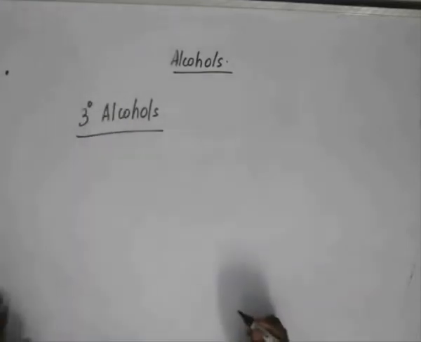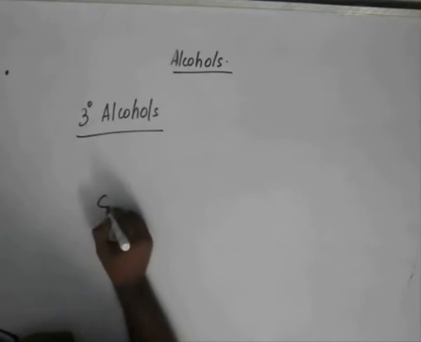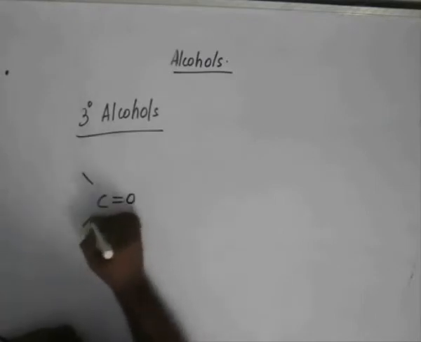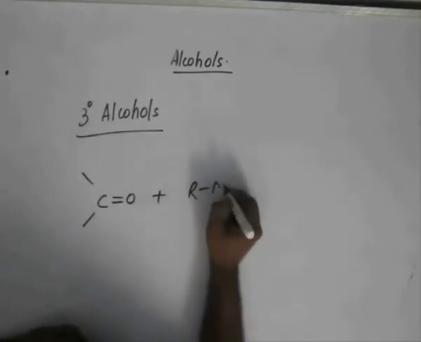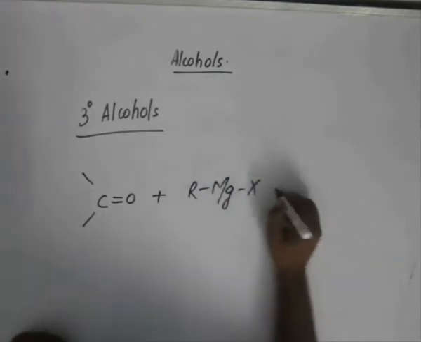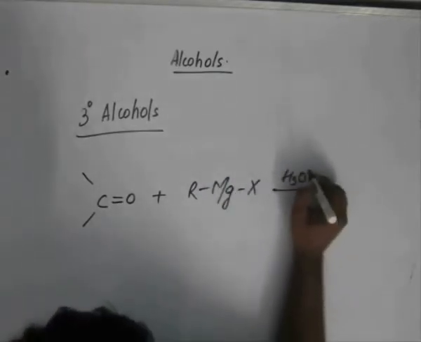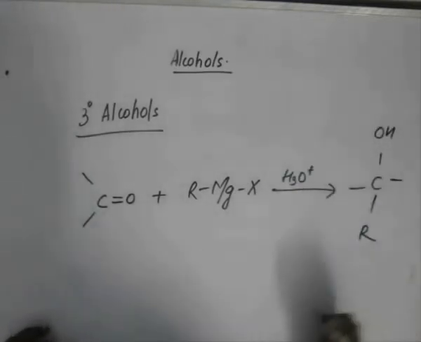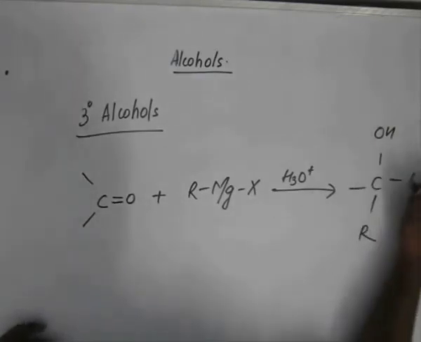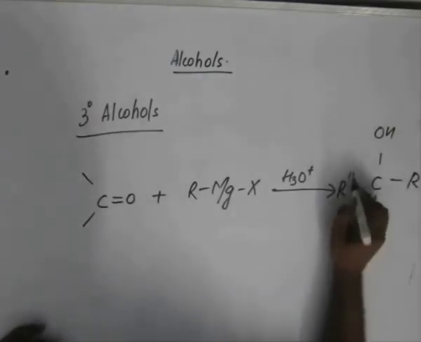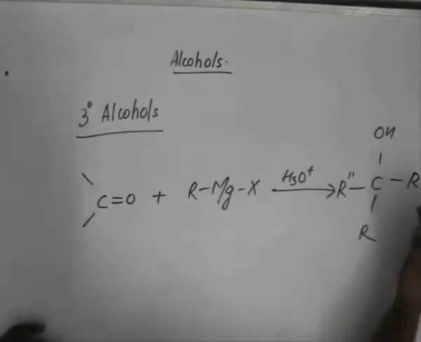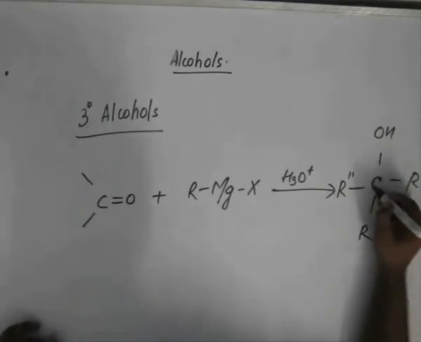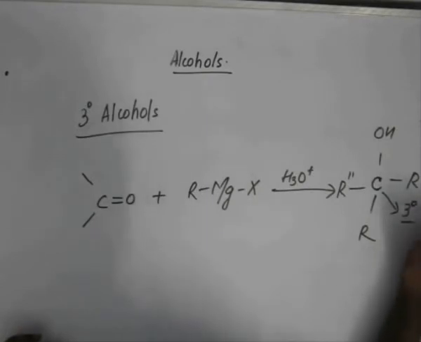So let's move on to 3 degree alcohols. It might have been very clear till now what substrate we are going to use for making 3 degree alcohols, but going procedural. To have a 3 degree alcohol, we need to have carbon groups or carbon chains attached to this carbon atom, which is attached with the OH group, making it a 3 degree carbon.